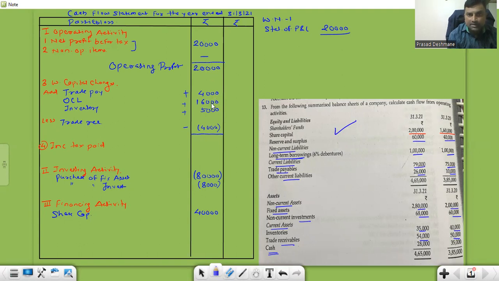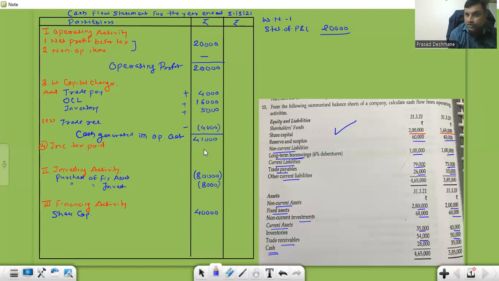20,000 plus 4 plus 16, 40, 45. 45 minus 4, 41. I'll just check on the calculator also once. 20 plus 4,000 plus 16,000 plus 5,000 minus 4,000, that is 41,000. So this 41,000 is called cash generated in operating activity.